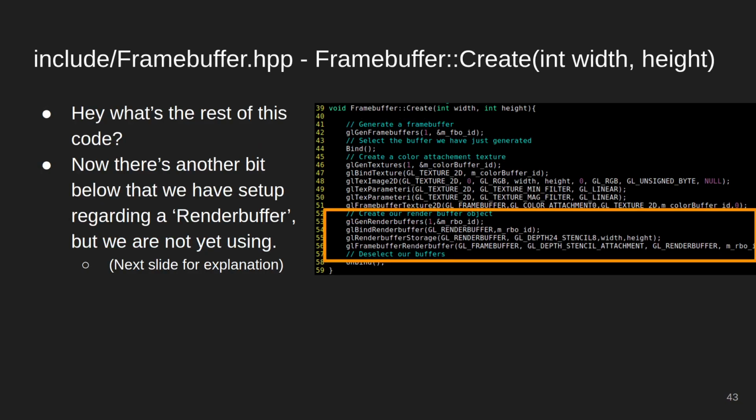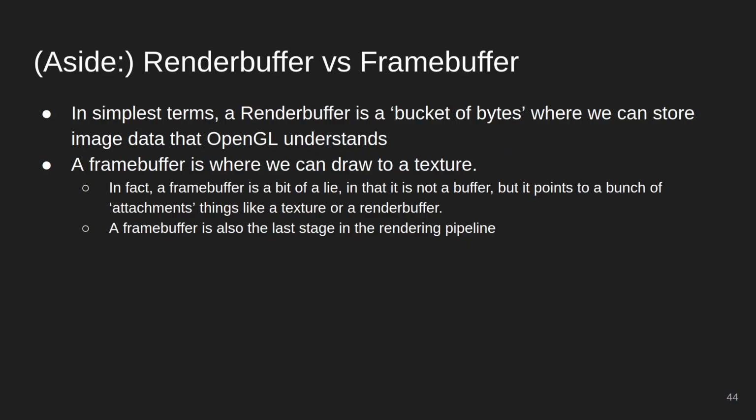All right. And what's the rest of this code doing when we're creating our frame buffer? Well, we're actually drawing pixels to it. And that's stored in something called a render buffer. So there's a little bit of a lie here in the term frame buffer. It's not actually a buffer.